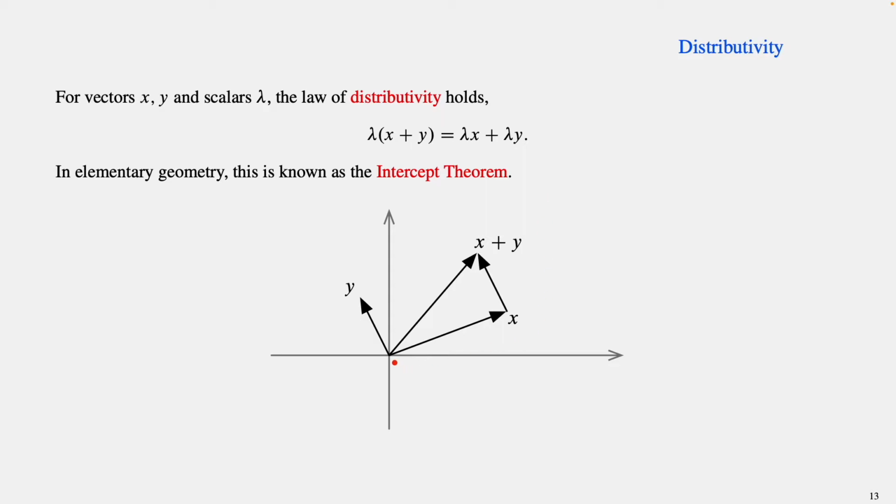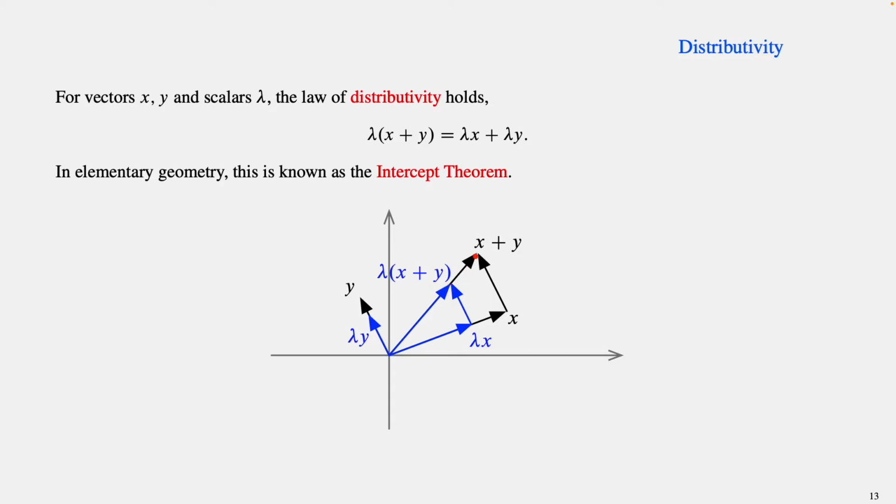If we look at this, we have x, we have y, and then we have x plus y. Together, these 3 vectors form a triangle. And if we now take lambda times x, and lambda times y, and add them together, then we get lambda times x plus y.